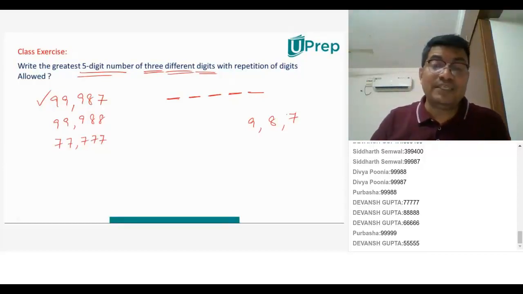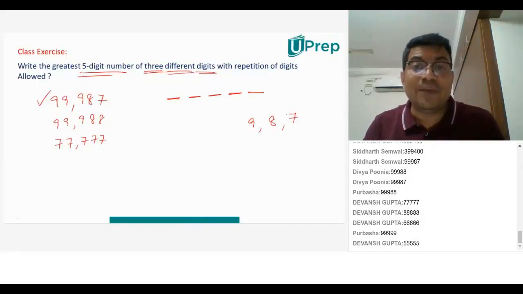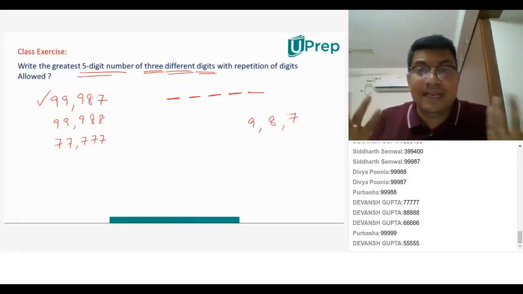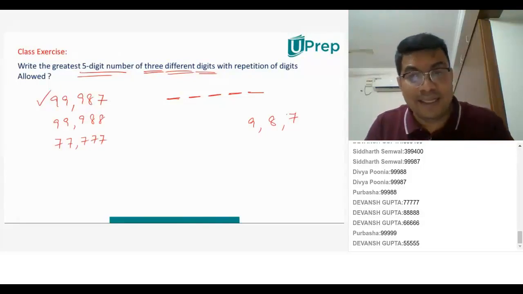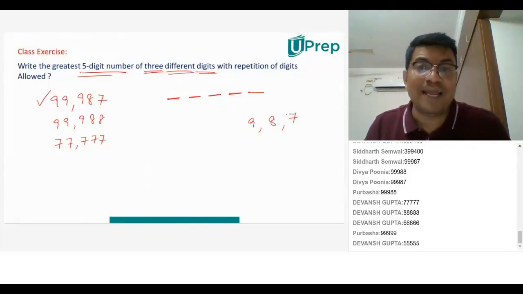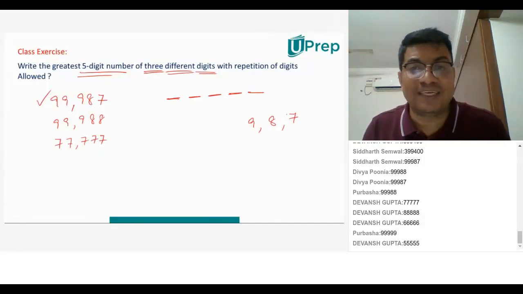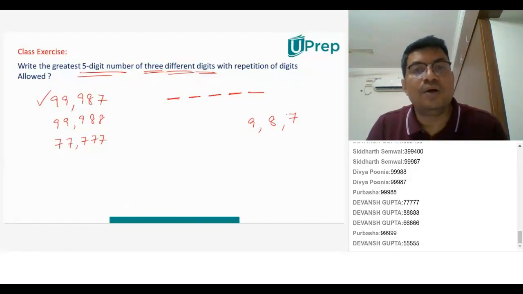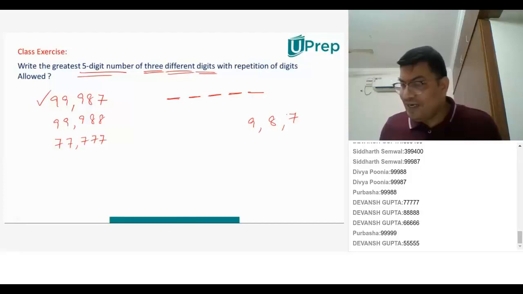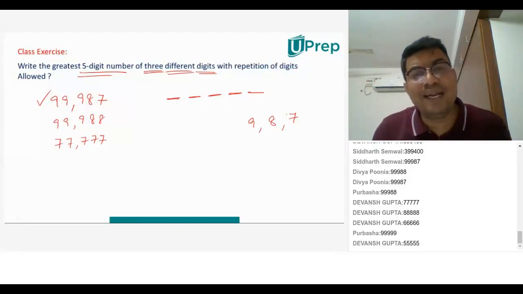When repetition of digits is allowed, what does that mean? I can take any digit of my choice. So if I want the greatest number, will I take more 9s or more 8s or more 7s? Which one will I take? More 9s. Very good. No, why will I take more 8s?